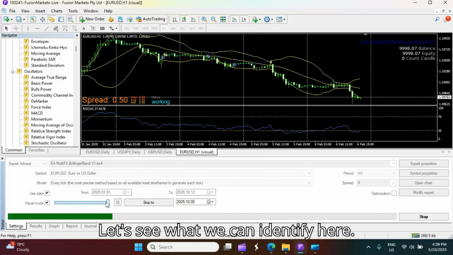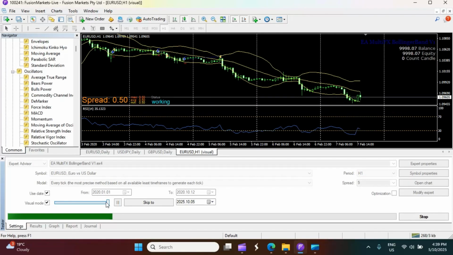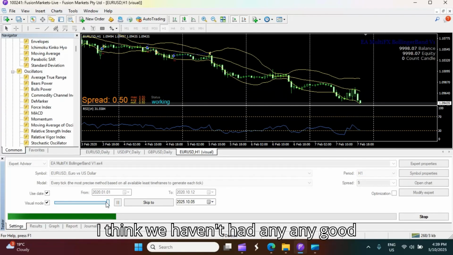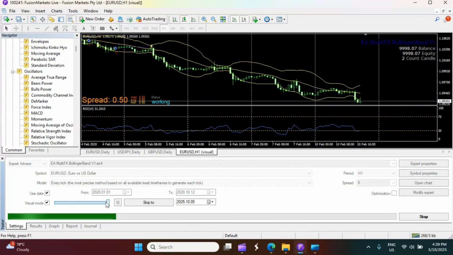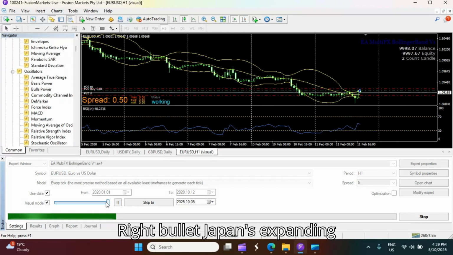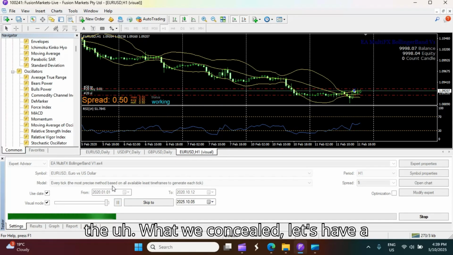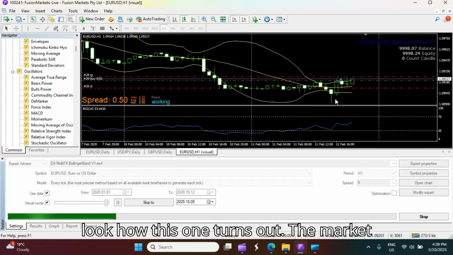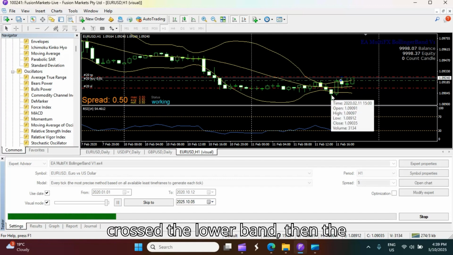Let's see what we can identify here. So we haven't had any good trades up to this point. Bollinger Bands expanding, they're narrowing down right now, is what we can see. Let's have a look how this one turns out. The market crossed the lower band.